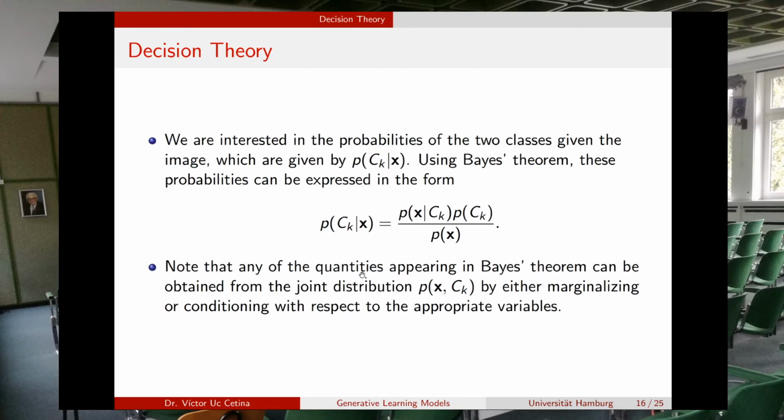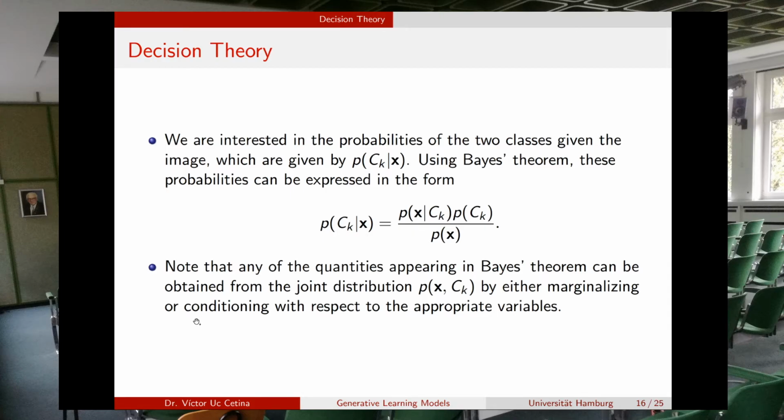Note that any of the quantities appearing in Bayes theorem can be obtained from the joint distribution, probability of x and Ck, by either marginalizing or conditioning with respect to the appropriate variables. So when you have a joint probability distribution, this can be written in this way. For example, using a conditional rule.